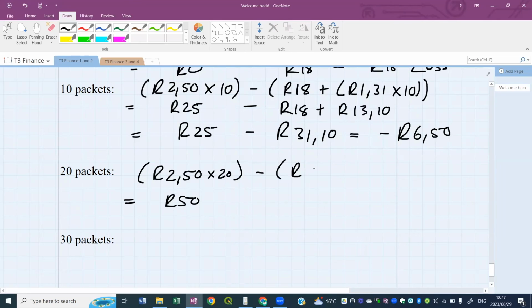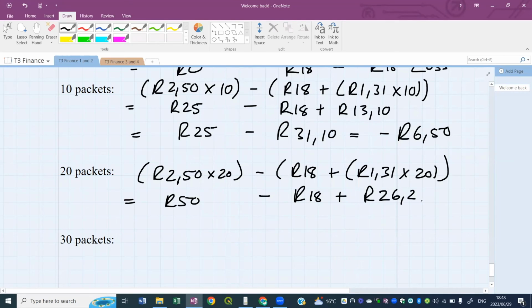Then I said 18 Rand plus 1 Rand 31, times 20, which gave me 44,2. Altogether, so the 18 plus that will give you 44,2. Yes. Okay. So this is 26,2 if I'm right.